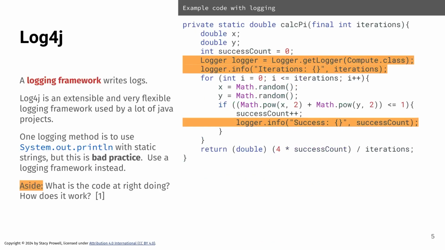Now, let's mention Log4J. A logging framework writes log information. Nothing complicated there. Log4j is an extensible and very flexible logging framework used by a ton of Java projects. And really, you should be using a logging system, right?